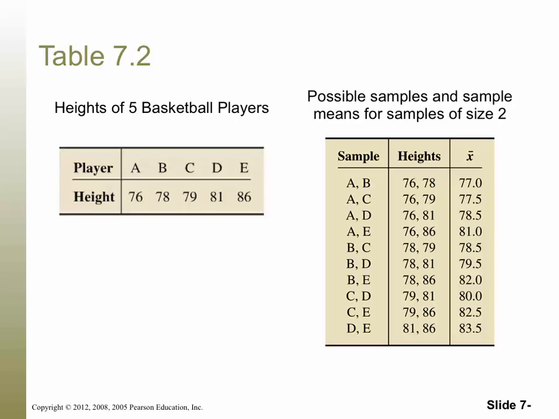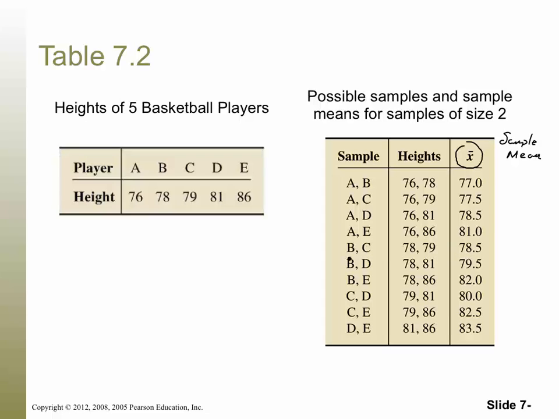Okay, and so what they've done here is they've taken each of those samples and found the mean height for each sample. Remember this notation means sample mean, or the sample average. So if your sample was player B and player C, then the mean for that particular sample was 78.5, right there.